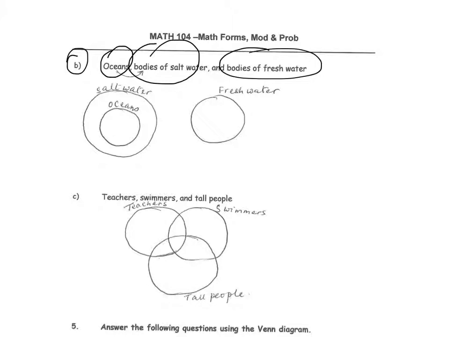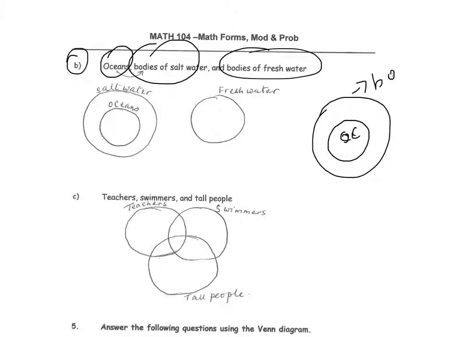So clearly, if we have bodies of salt water, we could have saltwater lakes, oceans, etc. So if this is the set of all bodies of salt water, oceans are a type of bodies of salt water. So all oceans are bodies of salt water.